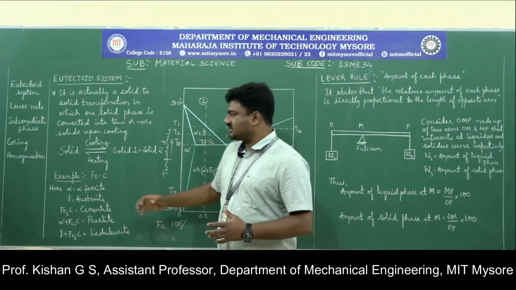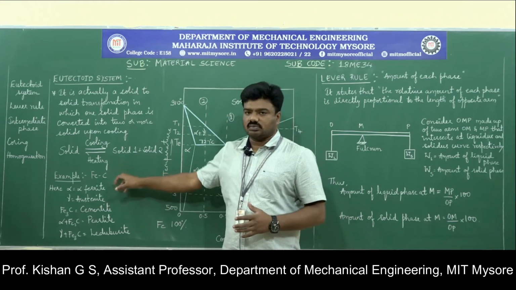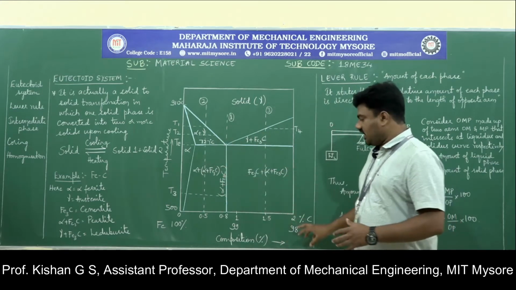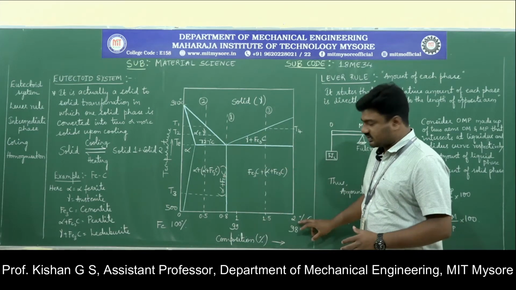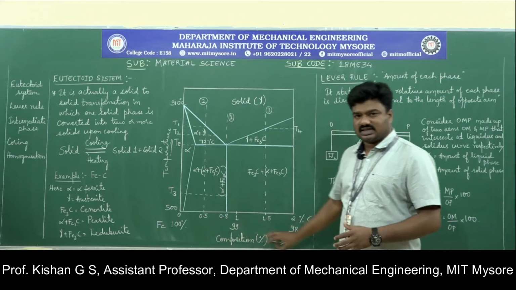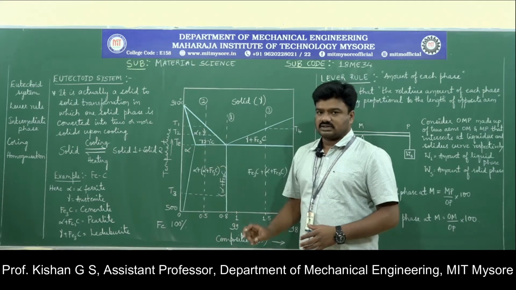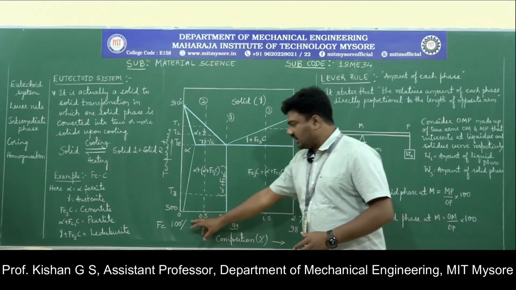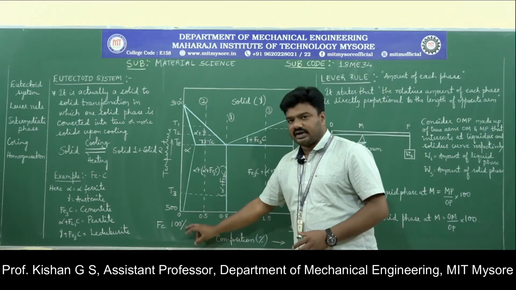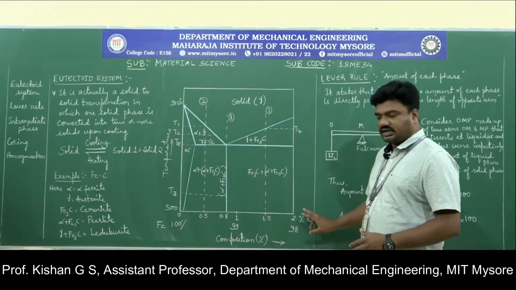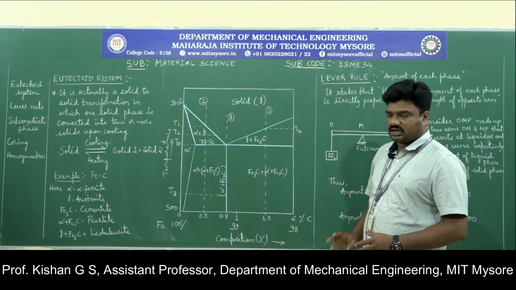One simple example for that is the iron carbon combination. You can observe in this representation that the percentage of carbon and percentage of iron are along the x-axis and temperature in degrees Celsius is along the y-axis. The leftmost content indicates the presence of maximum iron, and the rightmost is the percentage of carbon.